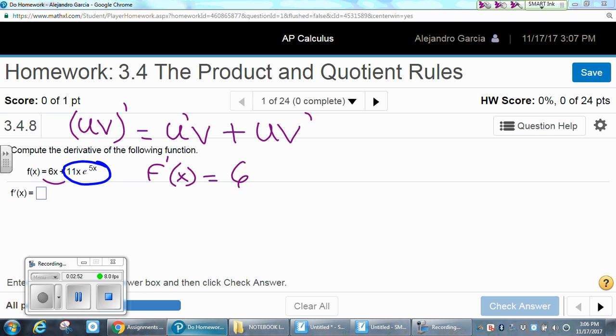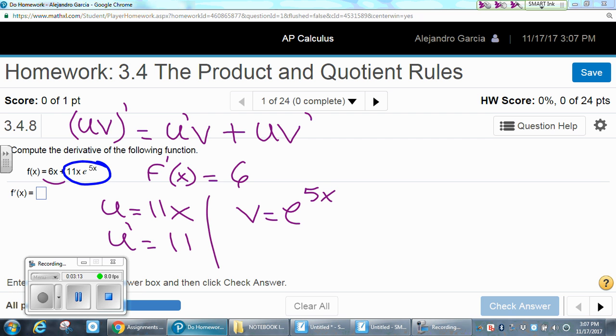So we're going to keep that, and now we're going to make a substitution. So u will be the function 11x. Because of that, u prime will be 11. Then the other function, function v, is going to be e to the 5x.